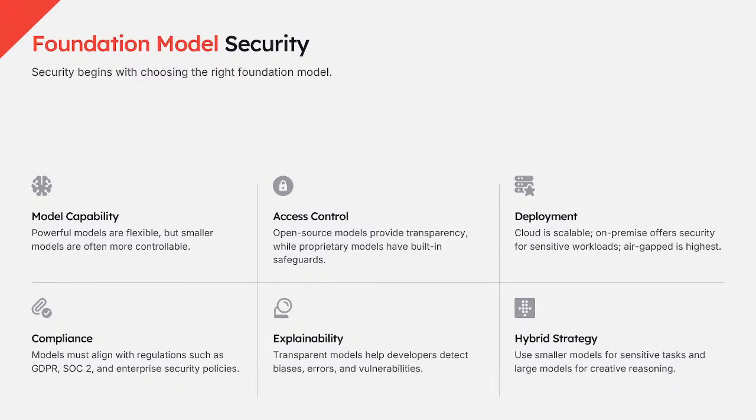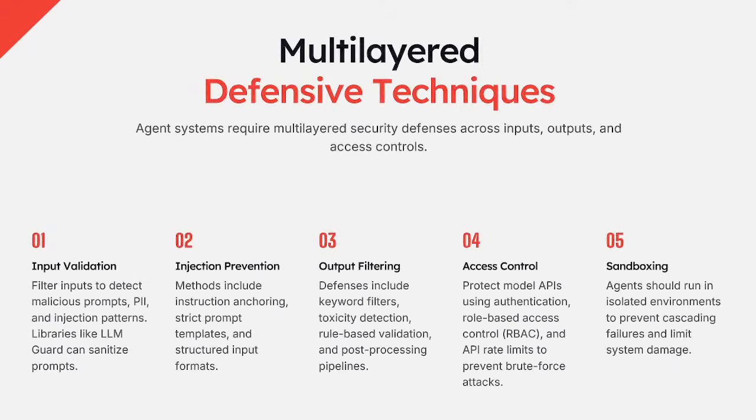Hybrid strategy. So we can implement a hybrid system. You can use smaller models for sensitive tasks and smaller tasks, and use larger models for creative reasoning and general tasks that do not require defense in depth.